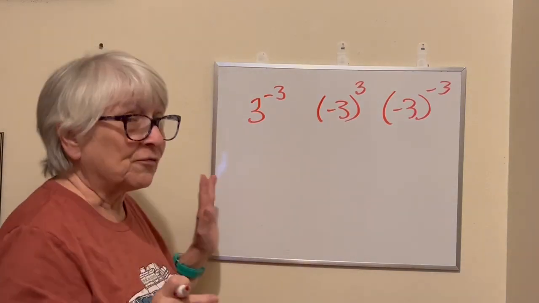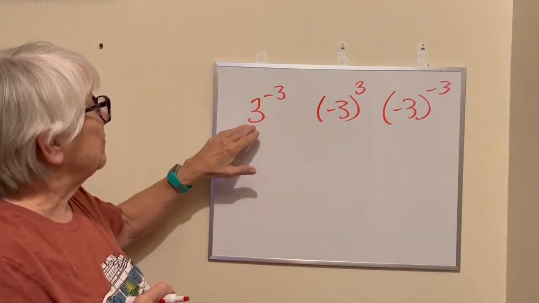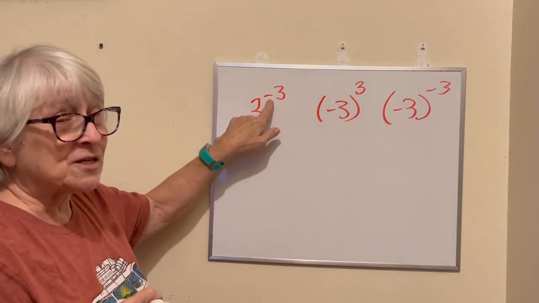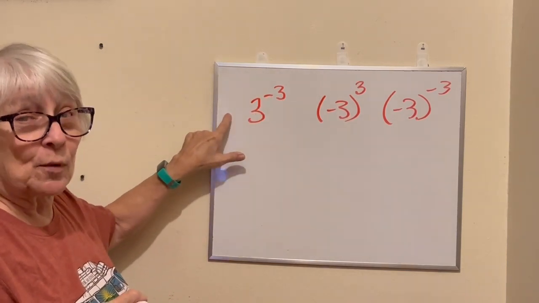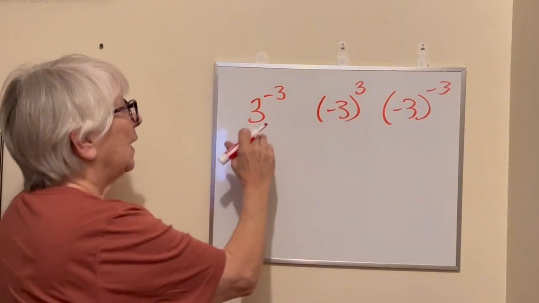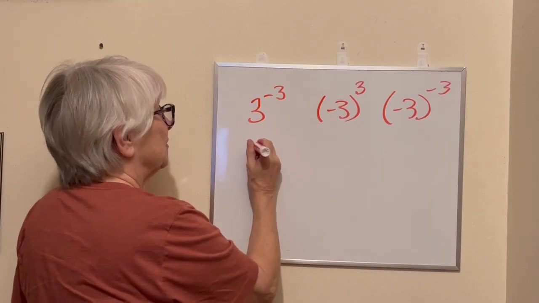Okay, they're different. This is positive 3 to the negative 3. Remember that negative sign on the exponent has nothing to do with the sign on the number. This answer is going to be positive. And 3 to the third is 27.